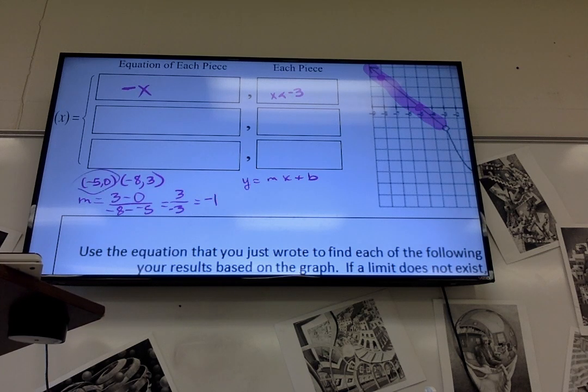We pick a point. I know, let's see, y is 0. The slope is negative 1. X, and this one is negative 5. So B is negative 5.